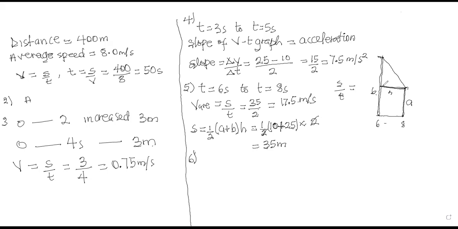The height is always perpendicular to the sides A and B. So this line is perpendicular to both A and B, and that is H. H is the interval between the set time. So 8 minus 6, and that's what I've indicated here. So the area of the trapezium is equal to the total distance traveled under the set time.